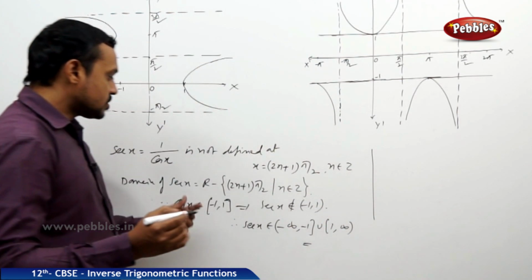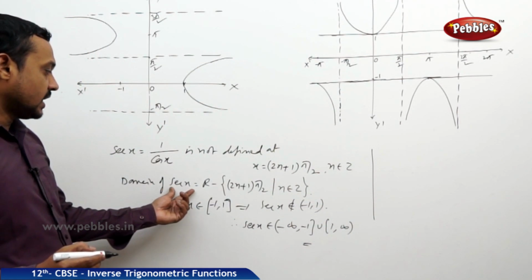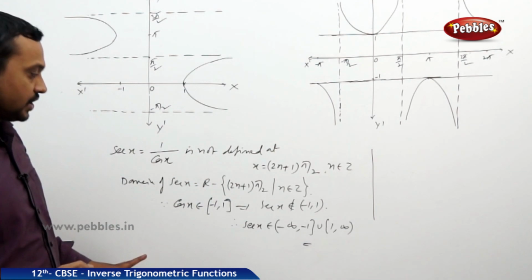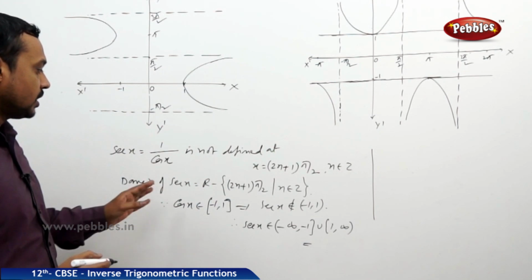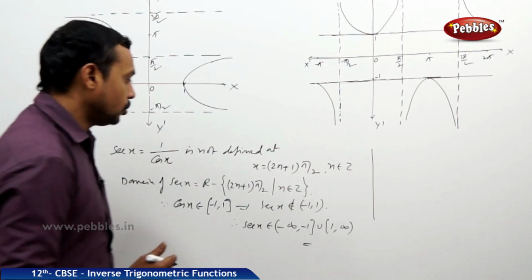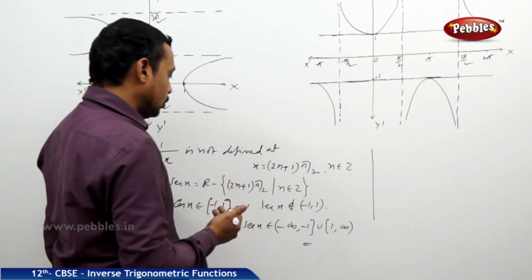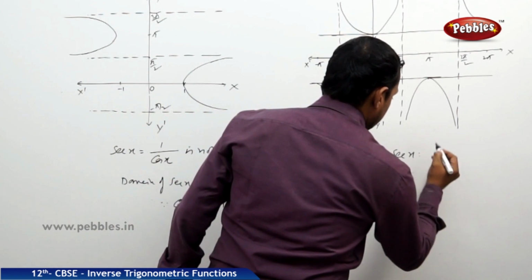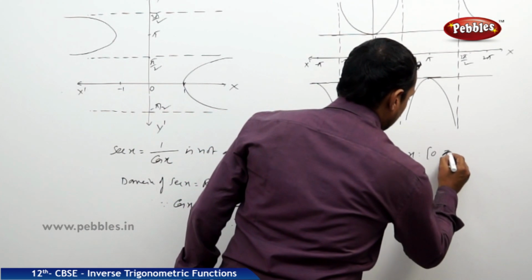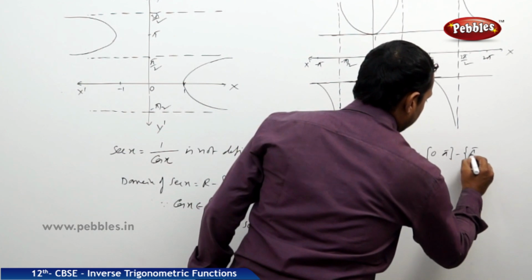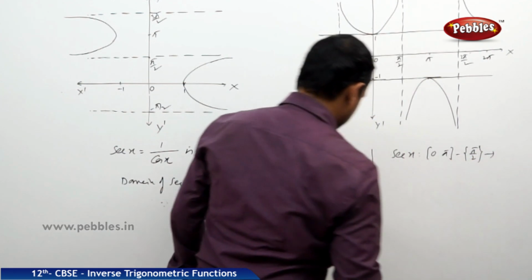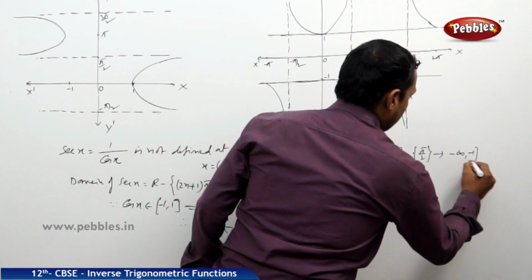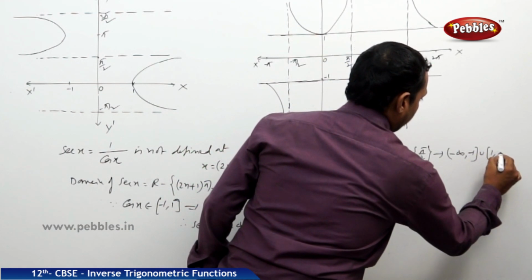Now in this domain, secant x is clearly not a 1-1 function. So to make it 1-1, we have to restrict the domain to 0 to pi, excluding pi by 2, with range minus infinity to minus 1 union 1 to infinity.